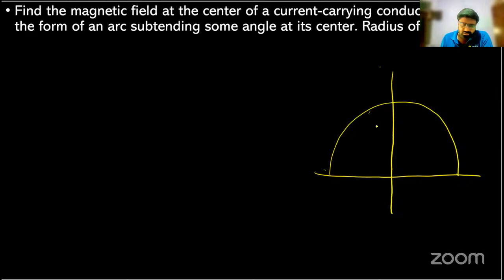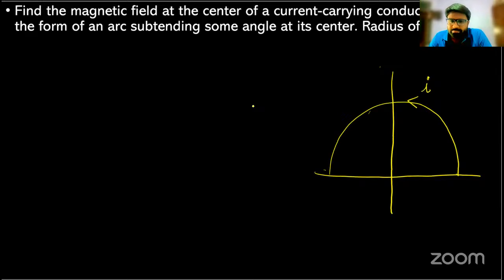This is a current carrying conductor. We simply bend it into the form of an arc. So this is the direction of current flow. The current I will be flowing into that.